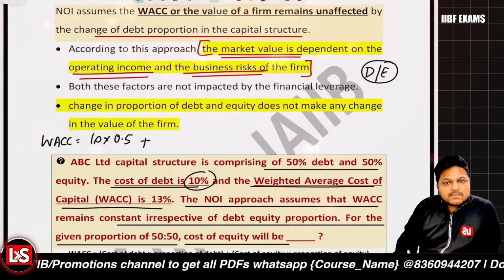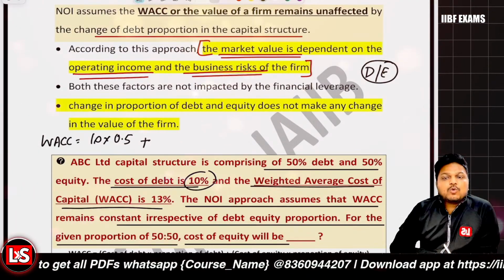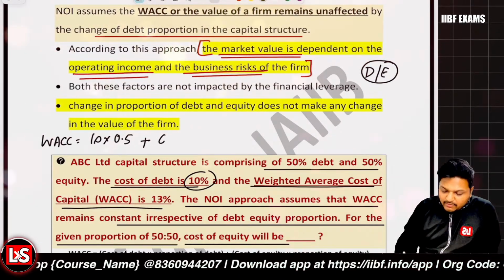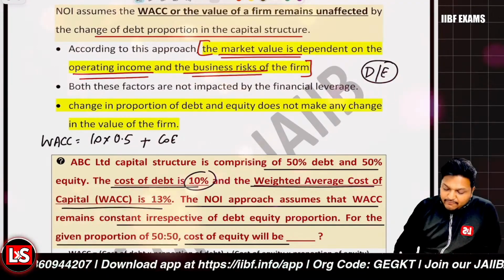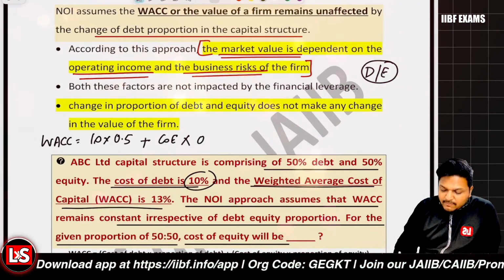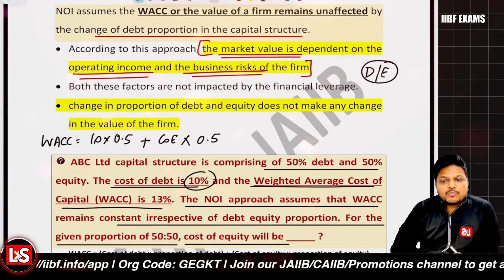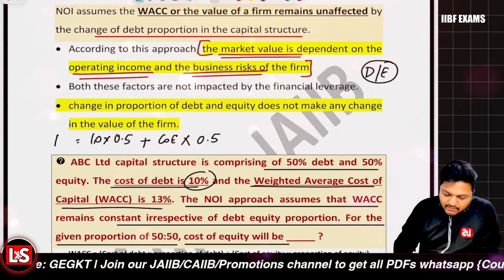And further plus cost of equity. Cost of equity we don't know, we need to calculate it. And what is the proportion of equity? It is 50%, that is 0.5. And you are provided with the WACC also, given to be 13%.